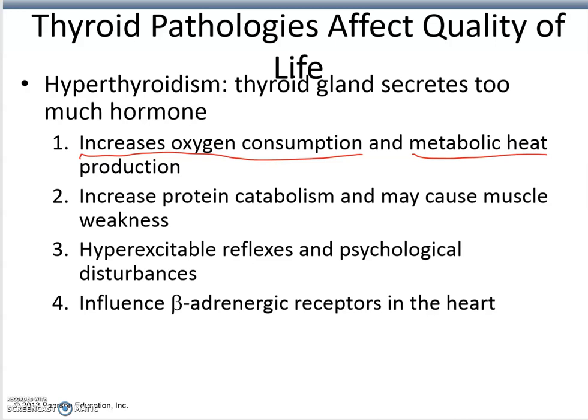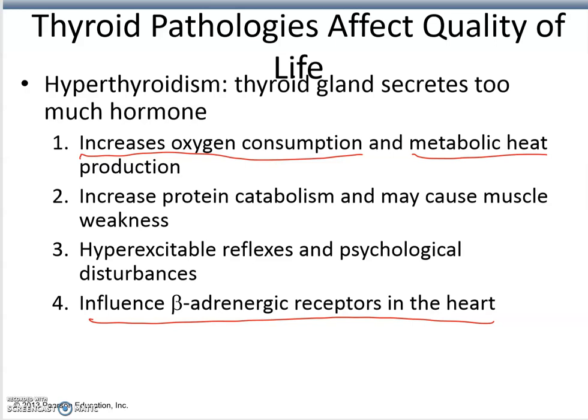there are some bad side effects because we have influence on the beta adrenergic receptors in the heart. It can lead to arrhythmias, and also it can change the fiber composition in your heart, which is supposed to be an endurance muscle, and if you're changing it more to the fast glycolytic fibers, that can be a real problem that could lead to bad cardiac arrhythmias.